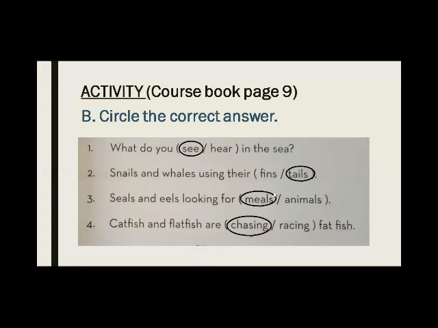Seals and eels are looking for meals or animals. They are looking for meals. The catfish and flatfish are chasing or racing fatfish. They are chasing the fatfish. Okay, you have to do this exercise in your English course book.